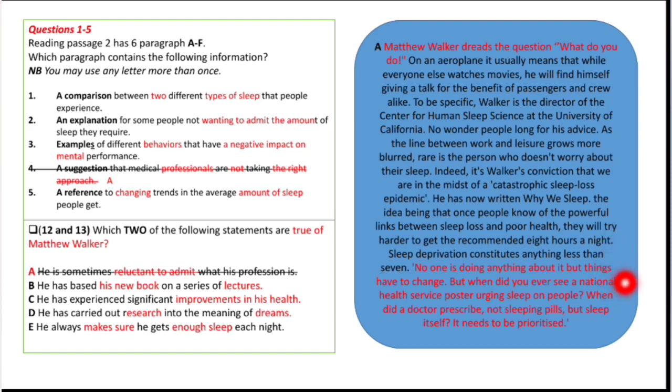So here they're talking about the wrong approach of professionals, which means doctors, right? That's why we are just choosing this, a suggestion that medical professionals are not taking the right approach, right? Because of this, 4 is A. Okay, the answer is being taken from paragraph A. That's why the answer of 4 is going to be A. Okay.